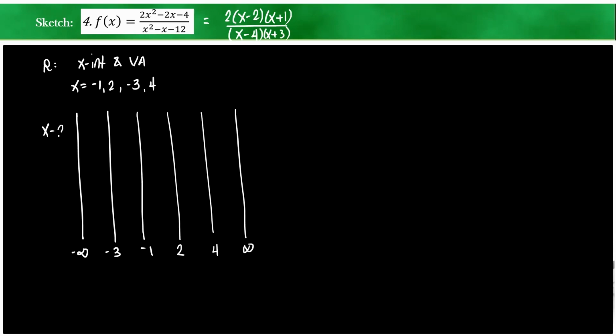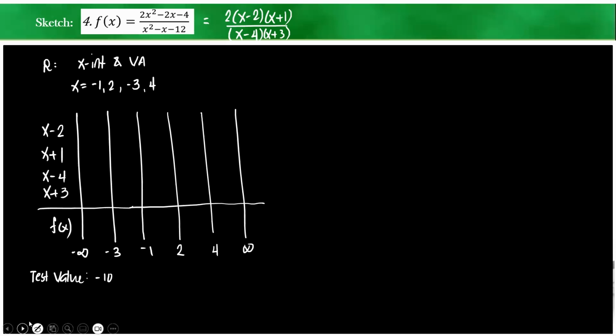Just write the x minus 2, x plus 1, x minus 4, x plus 3. And then, of course, this is your f of x, the signs. So let's look for a test value. Test value less than -3, let's just say -10. Okay.